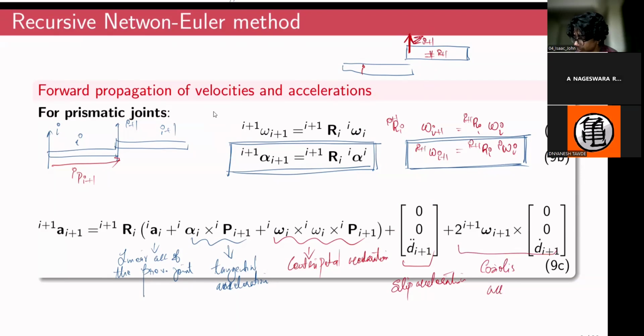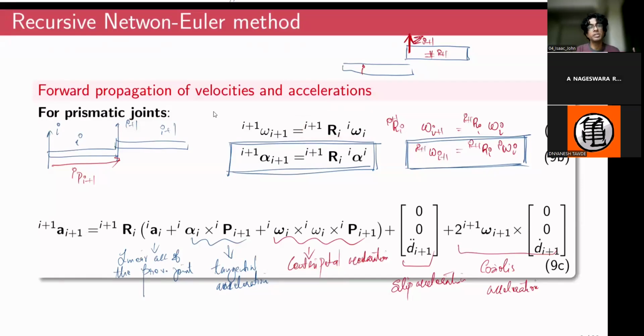That is nothing but the cross product between omega I+1 and the velocity term d I+1 dot, that is nothing but the linear velocity of the current joint. Omega I+1 is the angular velocity of the current joint, which is obtained from these recursive relations.